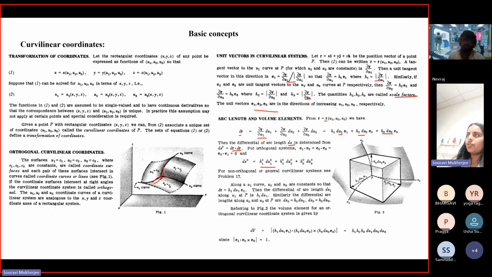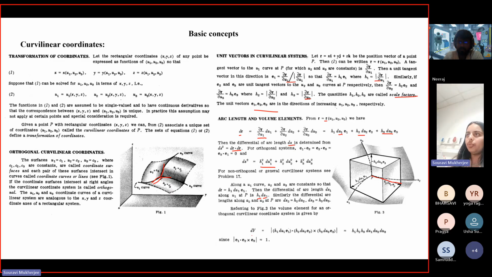In each direction you can get the individual components: with scale factor h1 and change du1, h1 du1 is your differential arc length along the u1 curve. Similarly, you have it along u2 and u3. These are the three differential arc lengths along the three new coordinates, right?